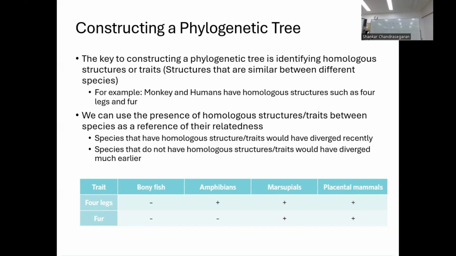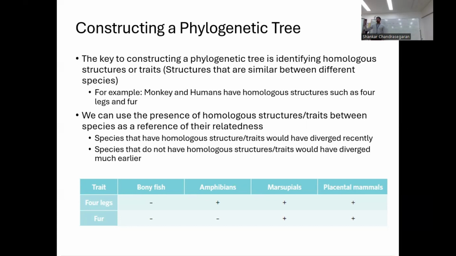So in terms of that, we can actually start to derive information in the sense that the presence of homologous structures is a reference to their relatedness. If they have more homologous structures between them, that means they are going to be closely related to each other because they would have only diverged from each other much more recently because they share more homologous structures.